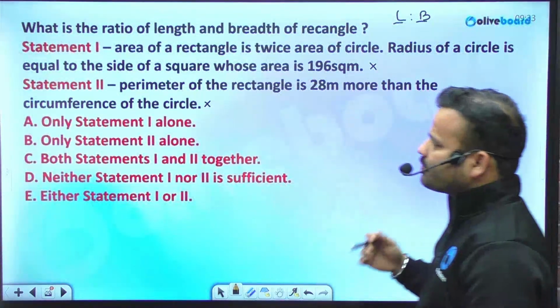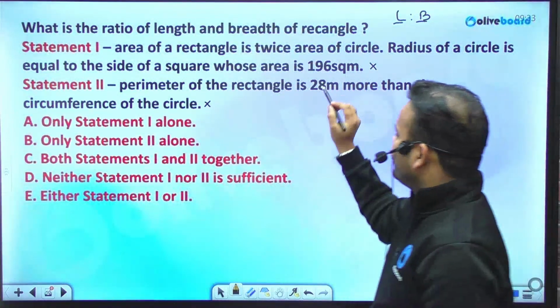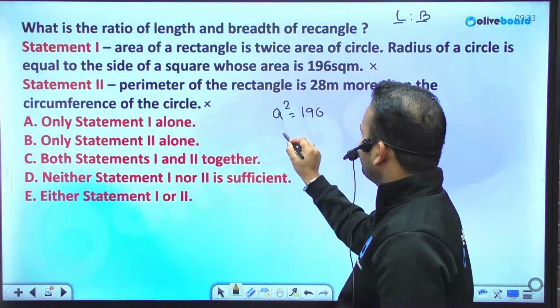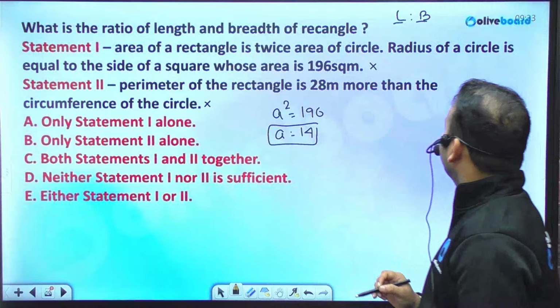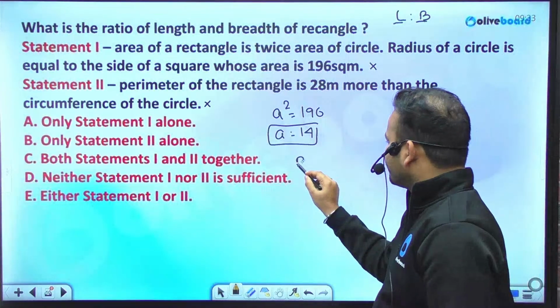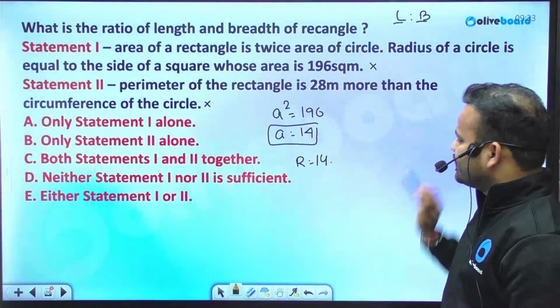But what about using 1 and 2 together? Here the area of the square is 196. So a squared is 196, so the value of a will be 14. Right? And the radius of the circle is equal to the side of the square, so the radius of the circle is 14. The area of the rectangle is twice the area of the circle.